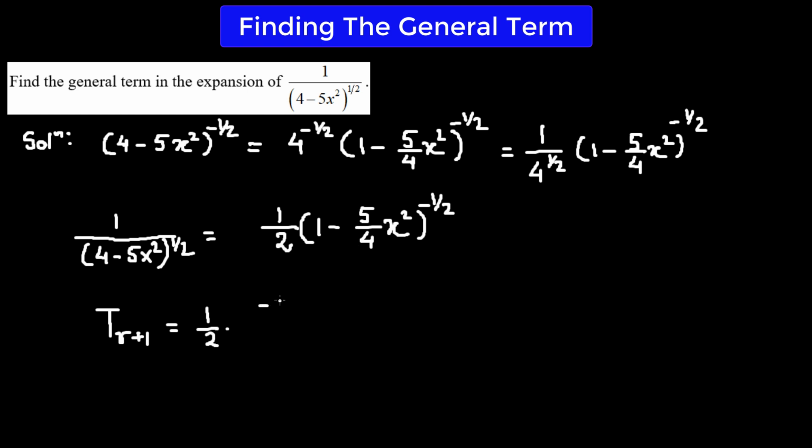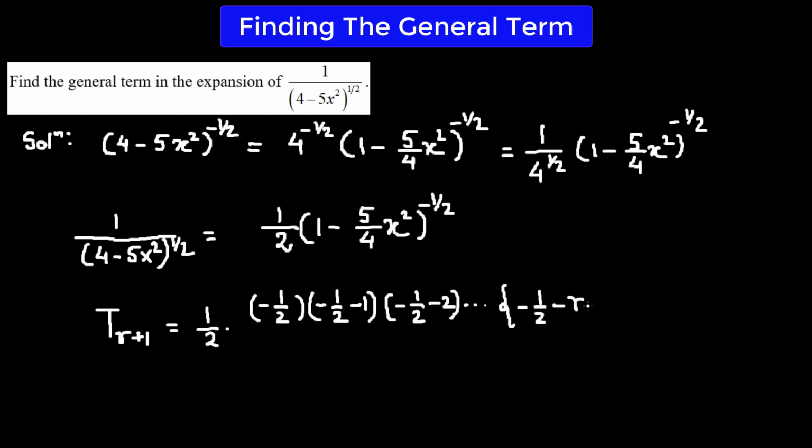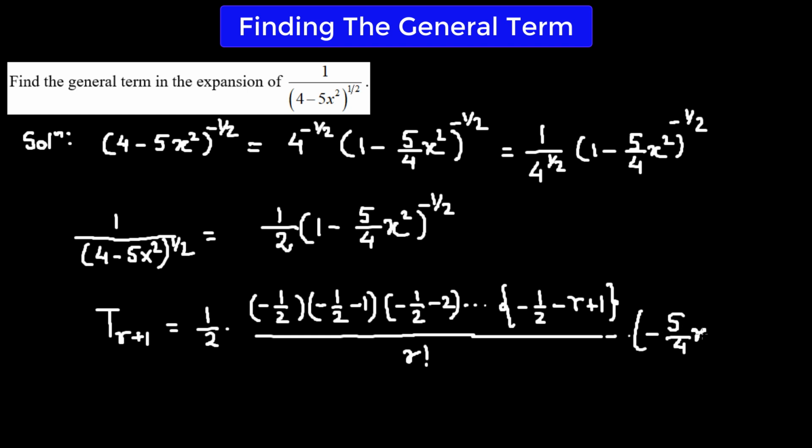So we have n, which is negative half, times (negative half - 1) times (negative half - 2) all the way up to (negative half - r + 1), divided by r factorial times x, where x here is (-5/4 x^2), raised to the power of r.